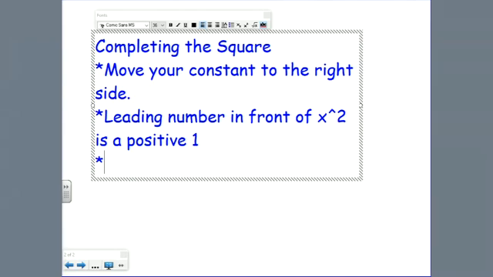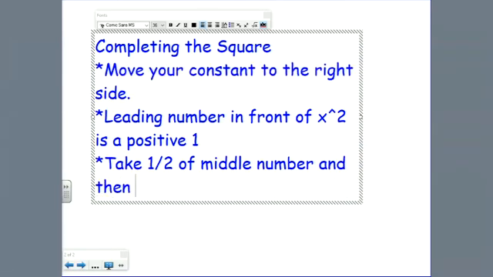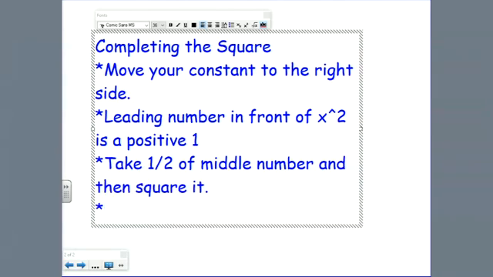The next step, take half of your middle term or middle number and then square it. So whatever the middle term is, or usually the number that's in front of your x, that's what you take half of and then square it.